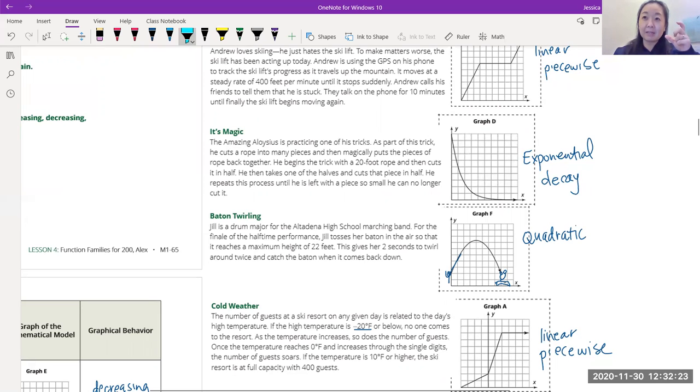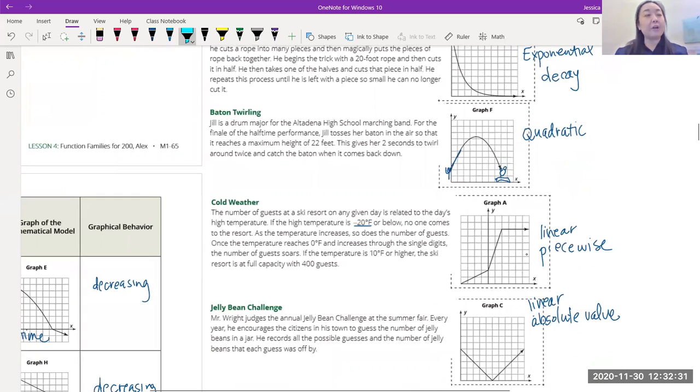And then there's my pig right there with the little wood or whatever that is. That's a quadratic for sure. Any kind of throwing, any kind of kicking, if you're kicking a ball, whatever it is, that's going to be a parabolic motion, which we call parabolic.